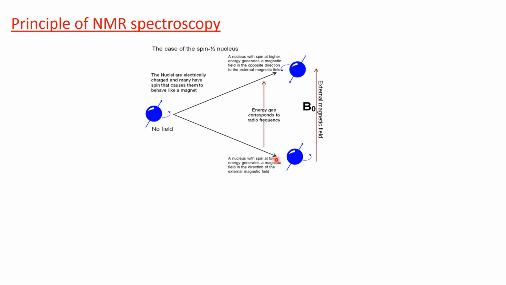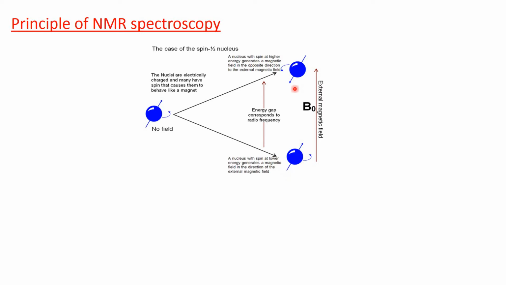Lower energy state means the axis of magnetic moment of the magnetic nuclei will be parallel to this external magnetic field. This is the lower energy state, and this is also known as the alpha state.